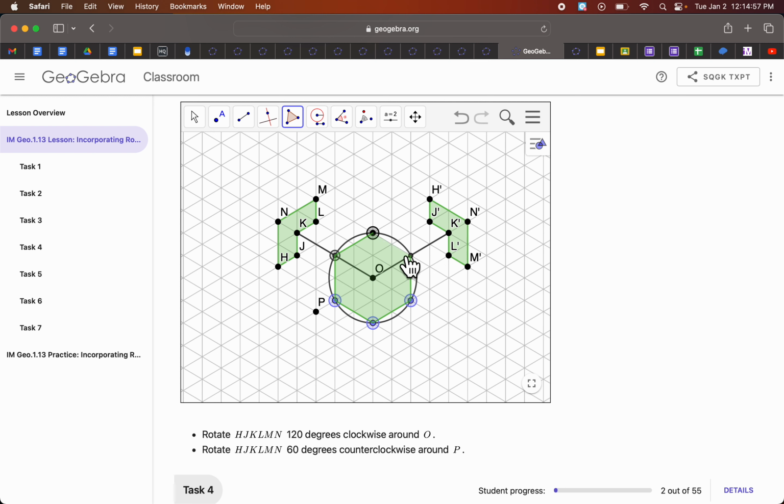And how many triangles does it take to get us all the way around there? Well, let's look at this. We've got a triangle here, a triangle there, a triangle here, and a triangle here. So 1, 2, 3, 4, 5, 6 triangles, and that takes me all the way around the circle.